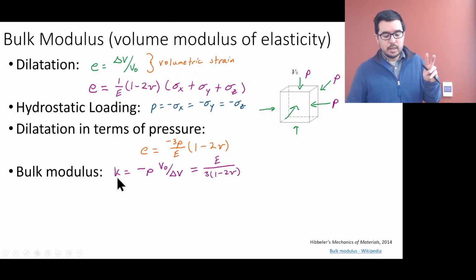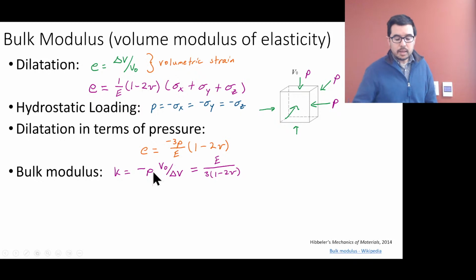So here's a K, and here's the pressure, and here's the inverse of the dilatation. And so we can think of this bulk modulus as essentially being 1 over the coefficient. Remember, there are 3 of these guys, so they have a 3 over E, 1 minus 2 nu, right there, that ends up being the bulk modulus.